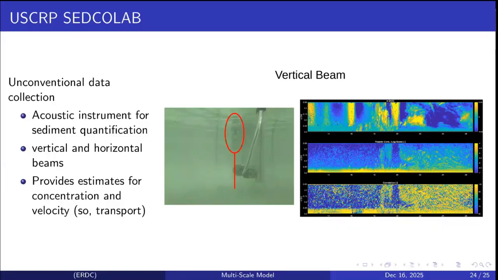Some of the transport expressions, the values that I was showing previously, are based on co-located different sorts of instruments, where there were always issues, and there always will be issues when you have two instruments, one measuring concentration, one measuring velocity. They're not exactly co-located. So when it comes to rapidly varying time and space problems, that ends up being an issue, which I hope we won't have nearly as much trouble with in this case.